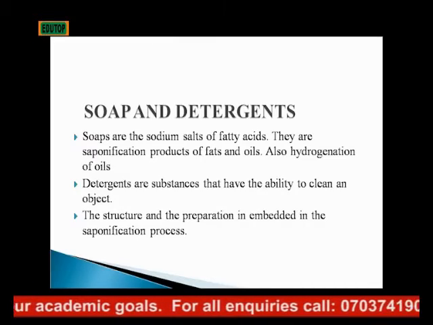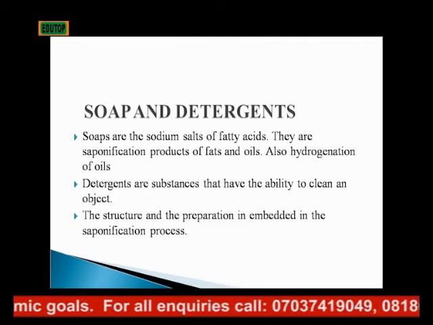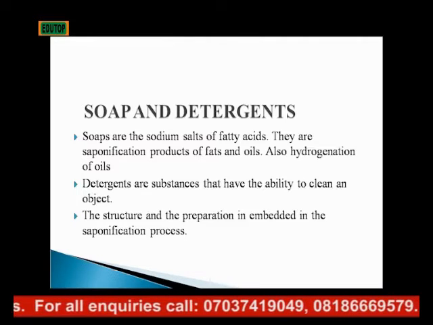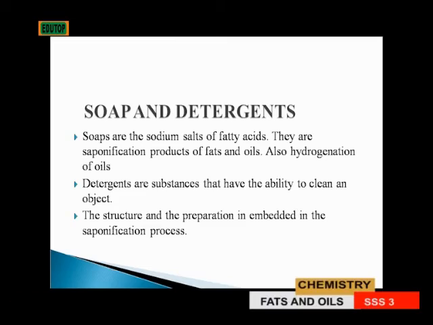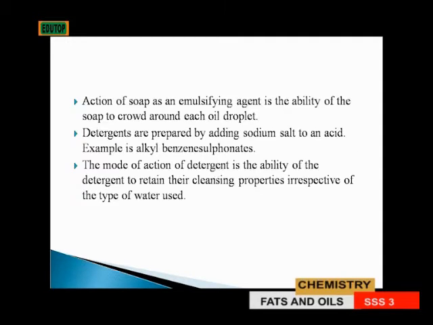Detergents are substances that have the ability to clean an object. The structure and the preparation are embedded in the saponification process. The action of soap as an emulsifying agent is the ability of soap to crowd around each oil droplet, thereby ensuring cleanliness. Detergents are prepared by adding sodium salt to an acid.